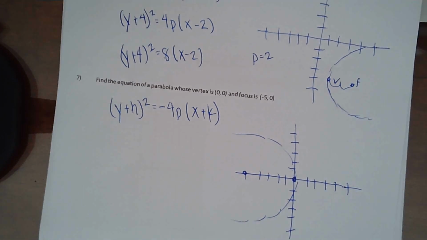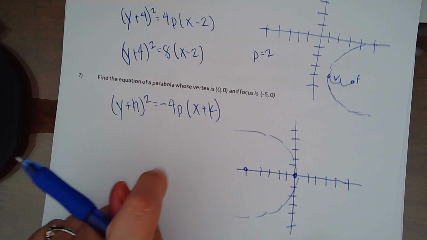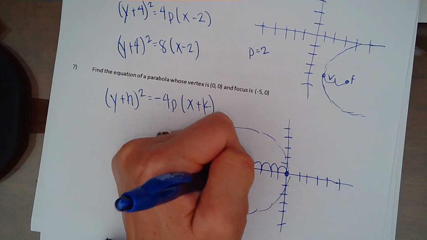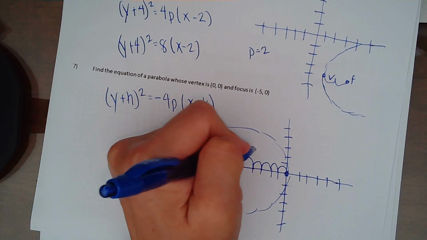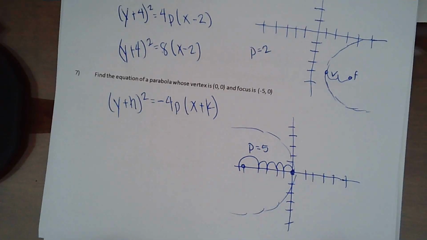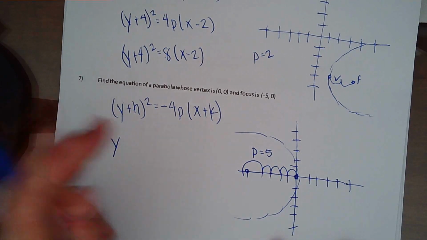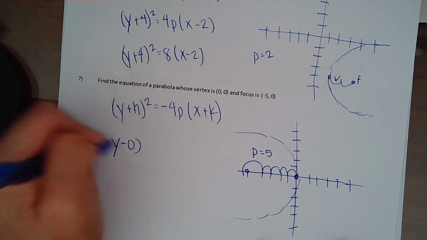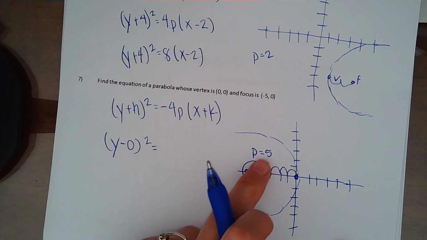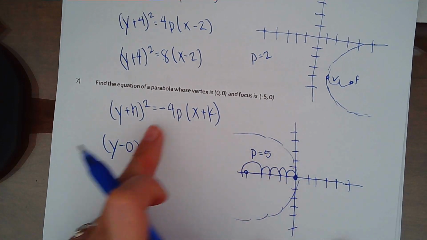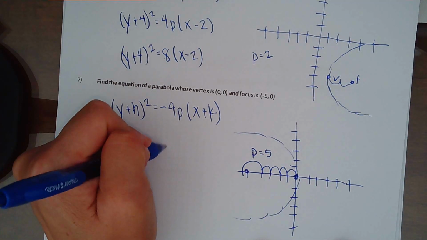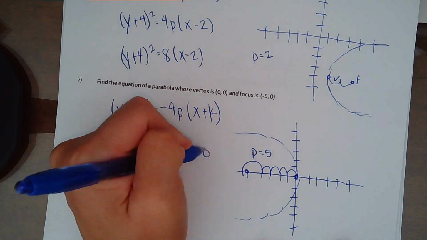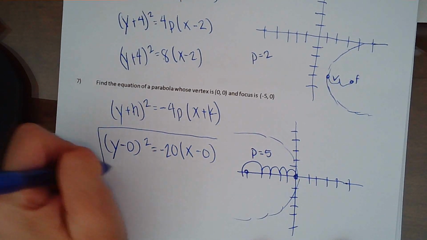Okay, so I want to do it all at once. I know my vertex, and I know that p equals 5. So I want to just plug this in straight away. I'm going to do y, and I'm going to look to my y value, and it was 0. So we can just do y minus 0 if we want, squared, equals, and I'm going to take that 5 and multiply it by my -4 and get -20. And then I'm going to do x minus 0. And that would be my answer.